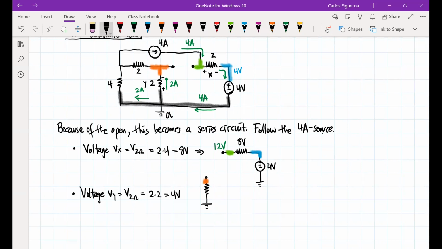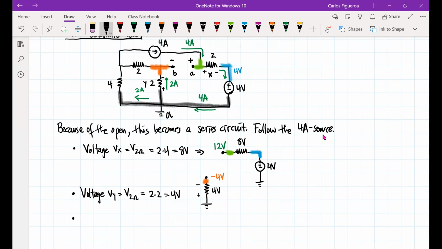If this guy goes in this direction like that, and this is 4 volts, you could see that the orange node must be minus 4 volts. So I could now see what is my high and what is my low. In this case, I'm going to say that this is my positive node. Let's call that A, and then I'm going to call that B. So this is positive, this is negative, and now this is VC of 0.